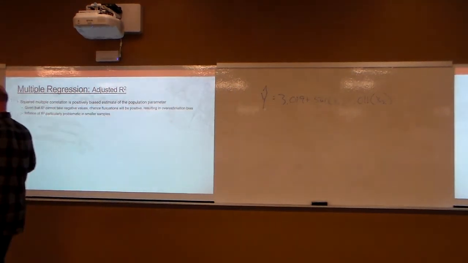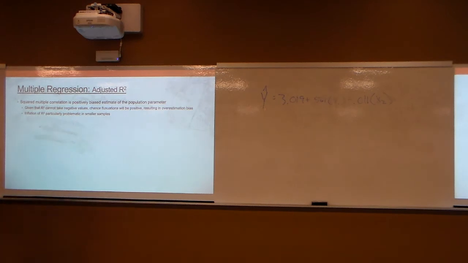Okay. If we're talking about variance, right, that can start to be a little bit of an issue. Run any regression model with actual data. Am I going to get an R squared that's exactly 0? Can R squared be negative? So what's R squared always got to be? Some positive value, right?